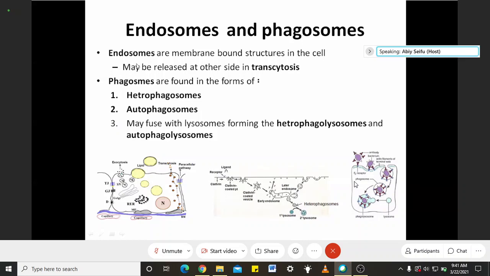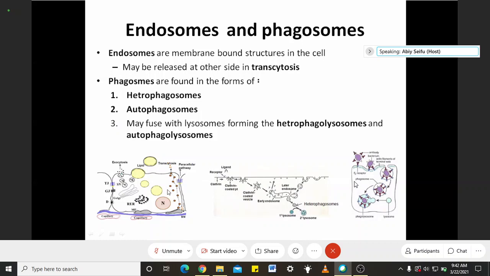So these are making the endosomes and the phagosomes. These endosomes and the phagosomes may cross the cell. In that case, we name them specifically for the endosomes, transcytosis, but this may also be destined for intracellular digestion. And whatever is the case, they are engaged in some types of activities.